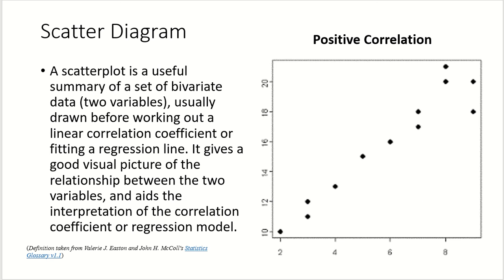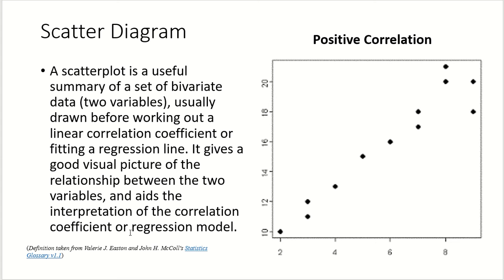Then you have a scatter diagram. A scatter diagram is simply a picture that somehow tells you, oh, mukhang there is a relationship between the two variables. Halimbawa, ito, ibig sabihin nito, this has a positive correlation.